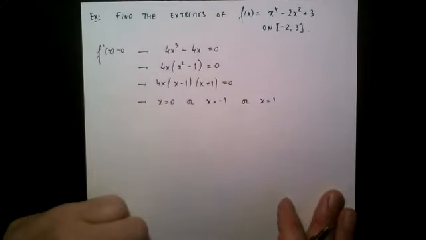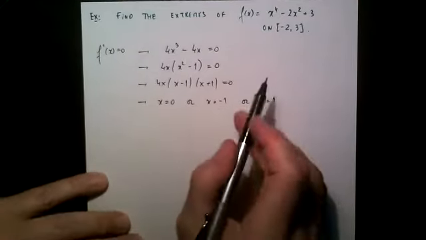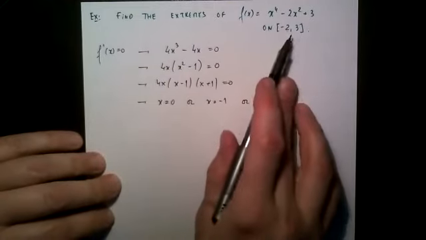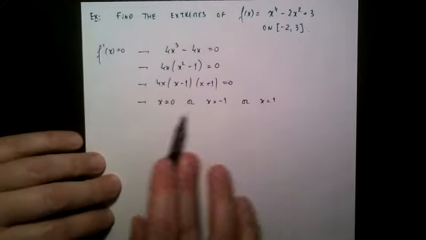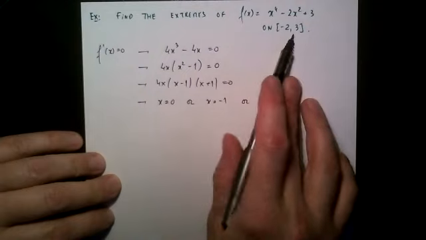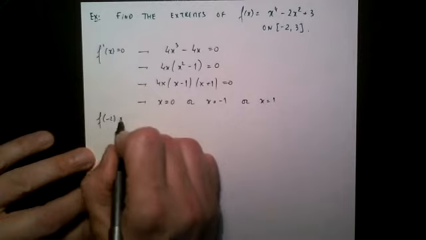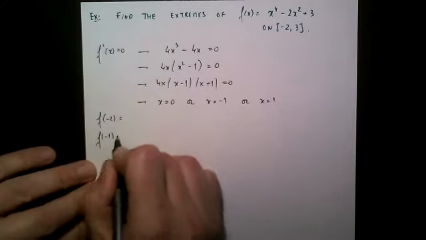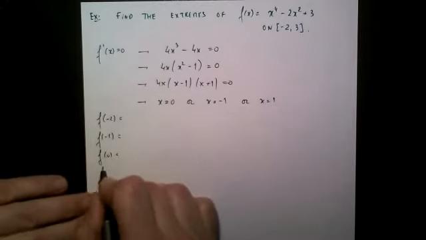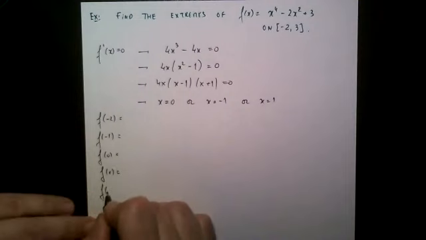Clear? That's what you did, right? And then I'm going to check the value of the function at the endpoints and at all these ones, as long as they're within my interval. So let's go. F of minus 2, f of minus 1, f of 0, f of 1, and f of 3.